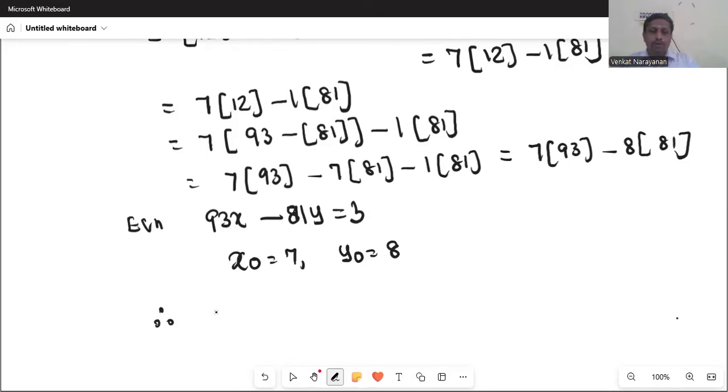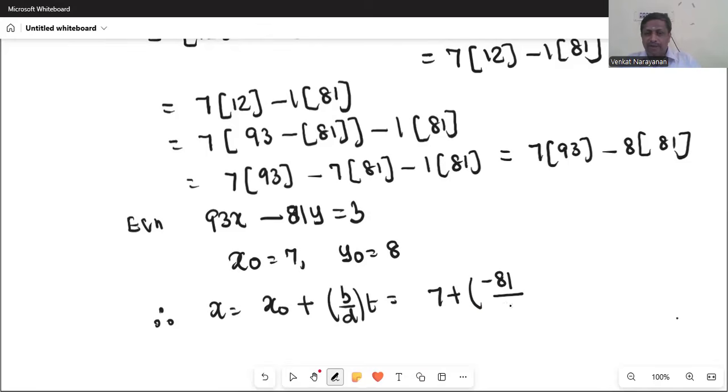Therefore, the solution x is equal to x naught plus b by d into t. That is, x naught is 7. What is the b value? B value is minus 81 divided by d, which is 3, times t. So the answer becomes 7 minus 81 divided by 3, which is 27, times t. Similarly, y equal to y naught minus a by d into t.